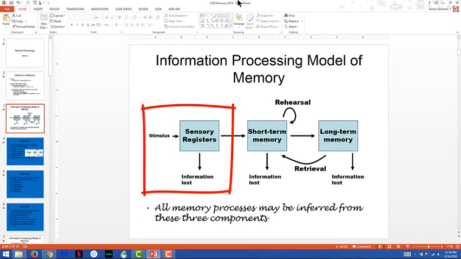That experience of having still felt the slap of the table seconds after is what is represented by the term sensory register.